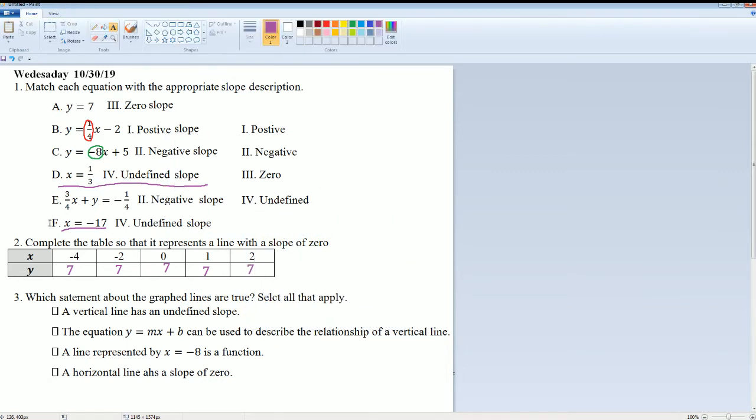Notice this is just an equation that represents a slope of 0 because all the y values are the same. Okay, that's what happens when it is a 0 slope.